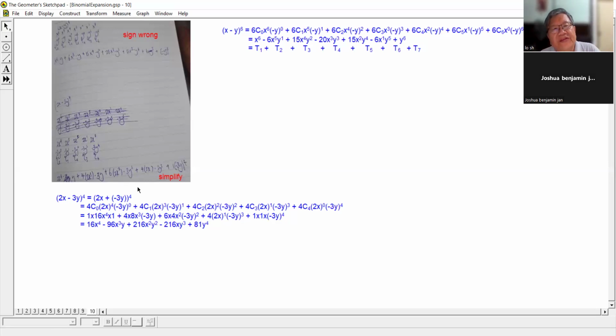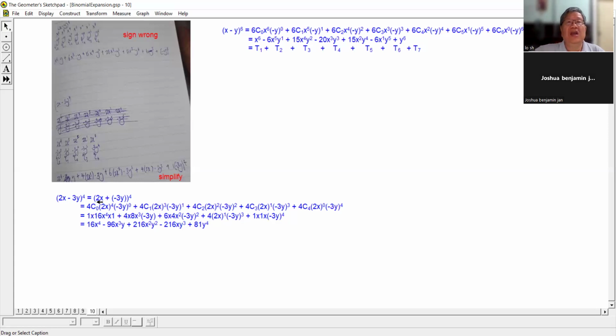Now I want to test you: if I give you one piece of information regarding that term, can you predict the other things inside that term? Now this first term here, because it's power of 4, is 4C0. And we know that there are altogether 5 terms, because we start from 4C0, then 4C1, 4C2, 4C3, 4C4. So there are 4 terms, but including the 4C0, there will be 5 terms.